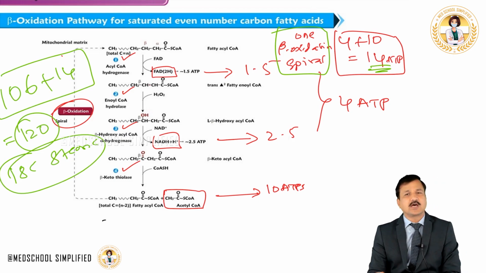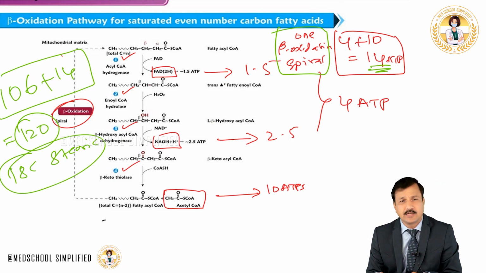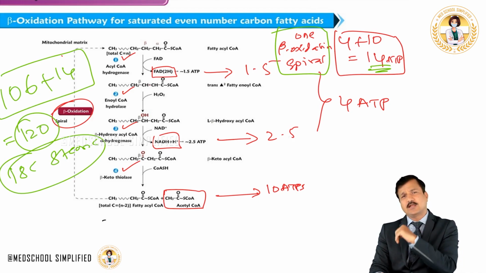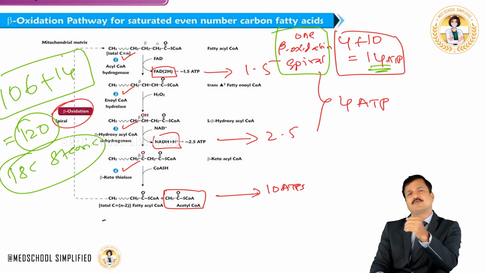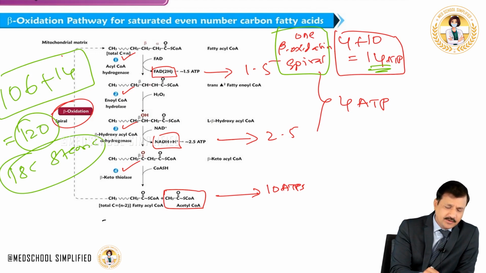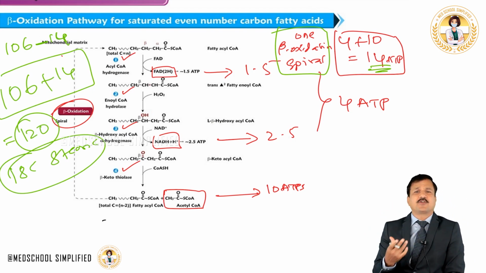So if you know the 16 carbon, you can calculate for 18 carbon. Similarly, if the fatty acid asked is 14 carbon, you know for 16 carbon it is 106. For 14 carbon, all you need to do is 106 minus 14, because one spiral is less for 14 carbon.